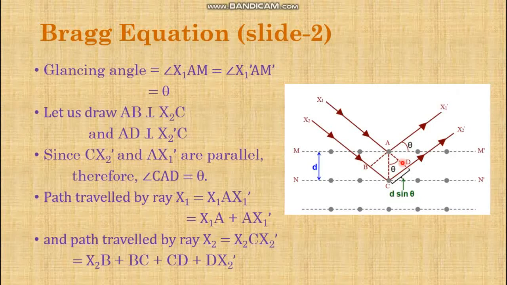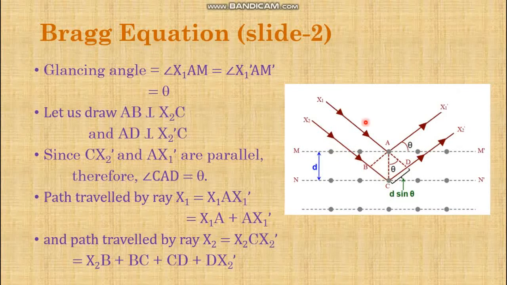Now, what is the path traveled by x1 and the path traveled by x2? The path traveled by x1 is x1A x1 dash, and this can be divided into two parts, x1A plus A x1 dash. On the other hand, the path traveled by x2 is x2C x2 dash, so this can be divided into four parts: x2B, BC plus CD plus D x2 dash. Why have you divided it into these parts?